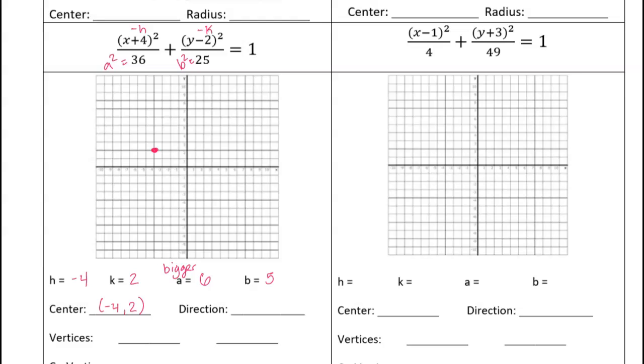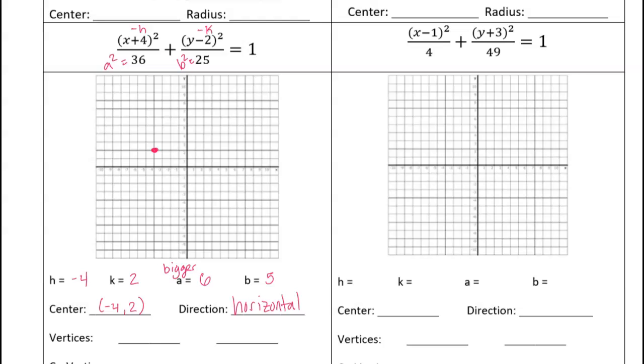Okay, also, is this going to be a horizontal or a vertical ellipse? Yes, I think it's going to be horizontal because the bigger number is under the x value. So I'm going to go ahead and start drawing because I actually have everything I need to graph this ellipse already.